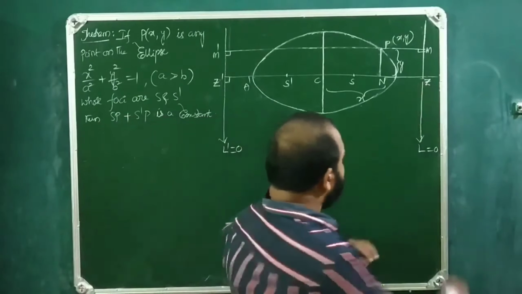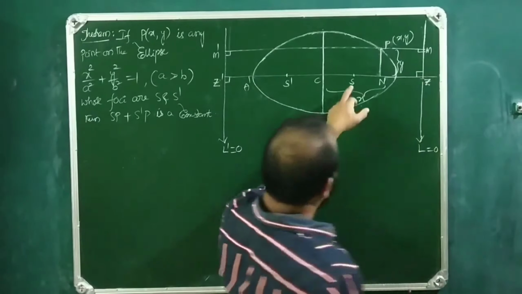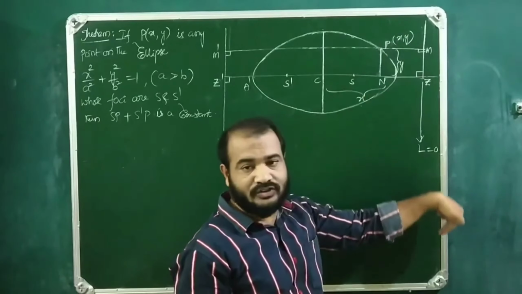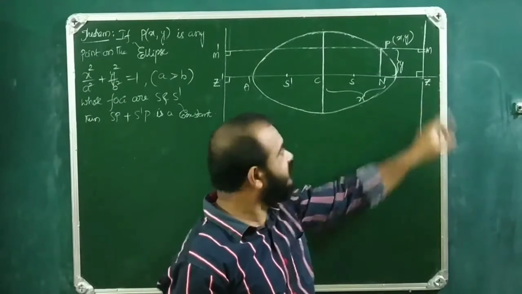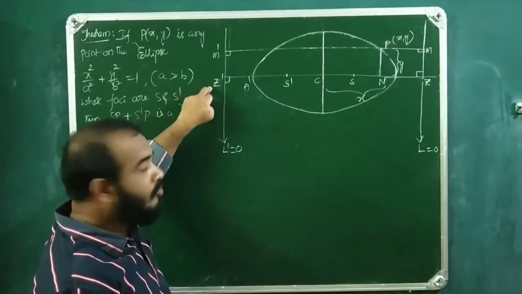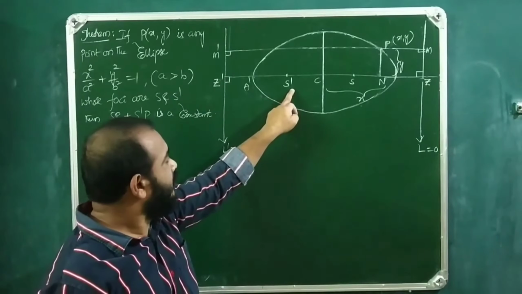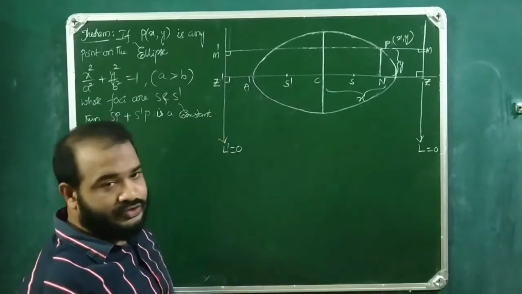Z is the projection of S on the directrix L equals 0, the foot of the directrix, and Z dash is the foot of the directrix of S dash on L dash equals 0.